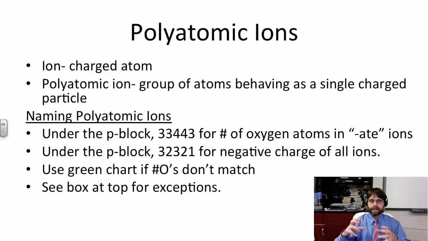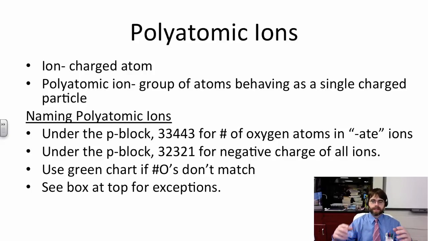And for that, you'll go to the green box that's underneath the list of exceptions on the periodic table, and you adjust the number of oxygens. Generally speaking, the charge stays the same, and so then you can figure out all of the polyatomic ions, even ones that theoretically are out there but don't actually exist. Not that you'll be doing that, but there's more than enough polyatomic ions here on this chart.